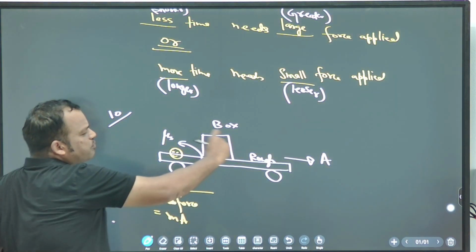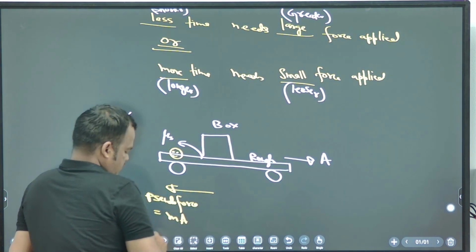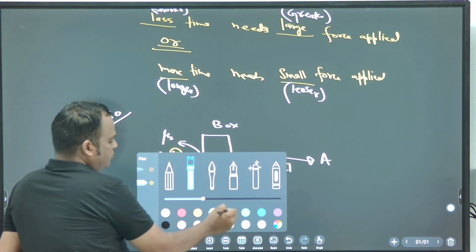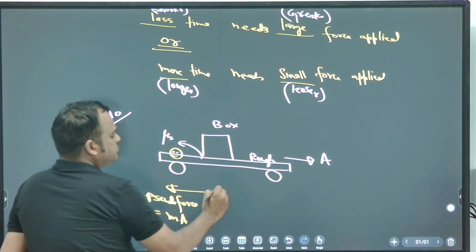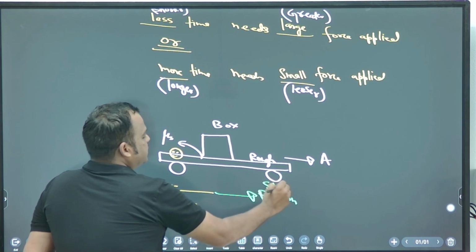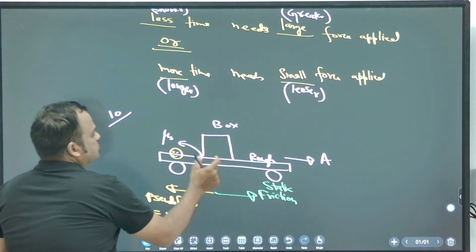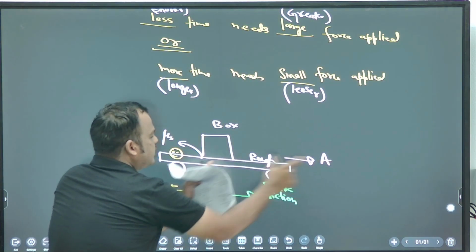So who will stop it from sliding? It is a rough surface. So what force will stop it? Friction. Okay, it's static friction. Correct or not? It is not moving. The trolley is going right side.